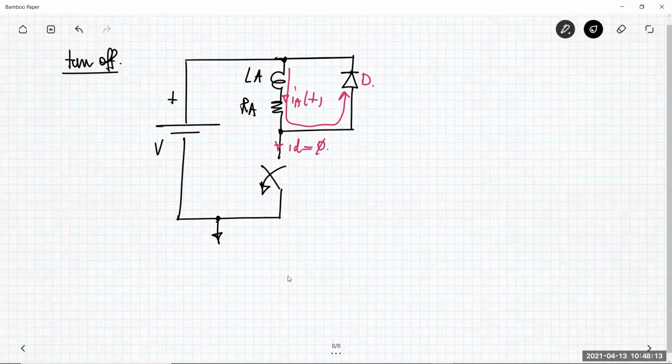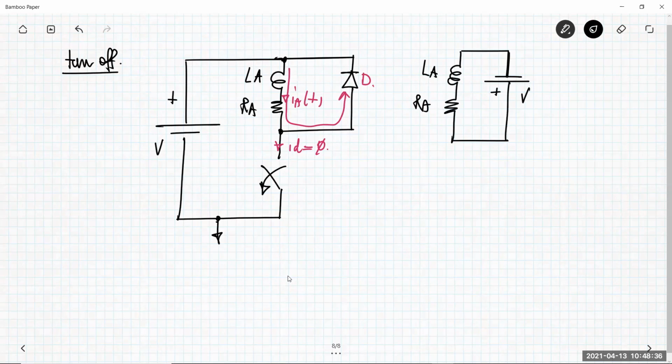This is the circuit that we now have to consider for understanding the time evolution of the current in the phase. The circuit is basically this one. When the diode is on, we can replace the diode by a small battery voltage.